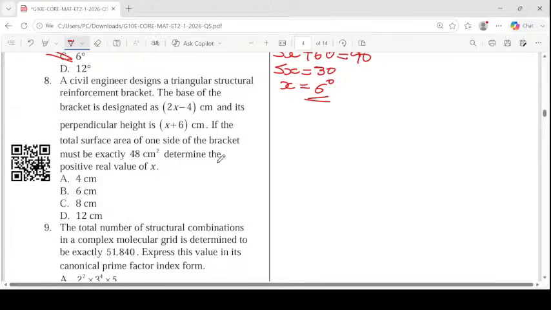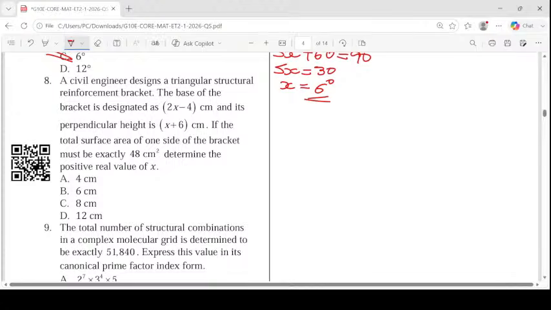This is a structural triangular reinforcement bracket with this as the base, and the perpendicular height is this. If the total surface area of one side of the bracket must be exactly this, determine the positive real value of x.